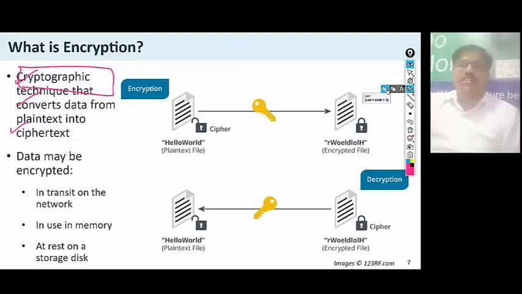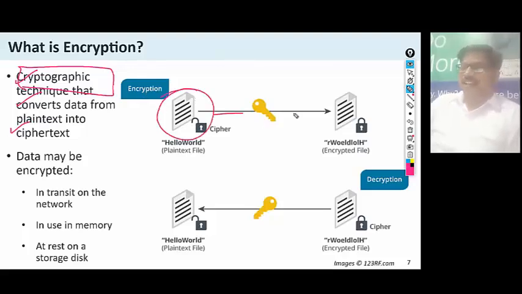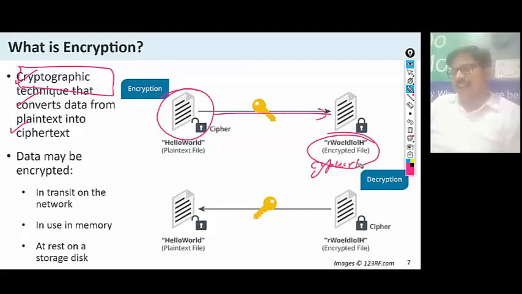So now the question is: what is encryption? Encryption is just changing plain text into ciphertext.